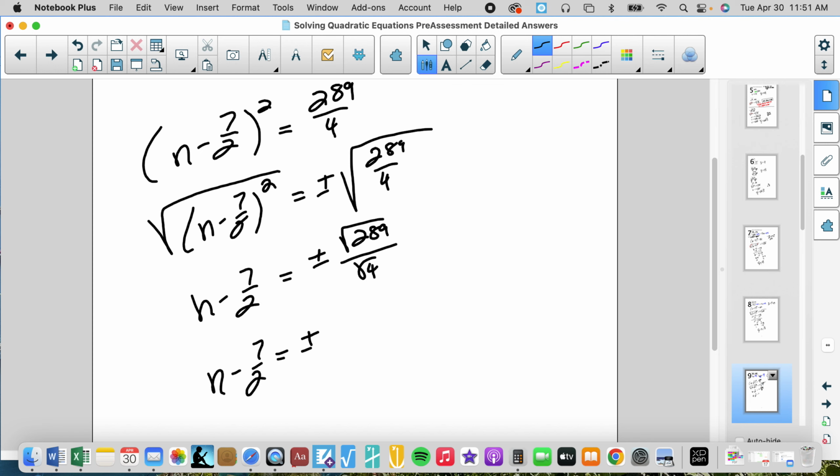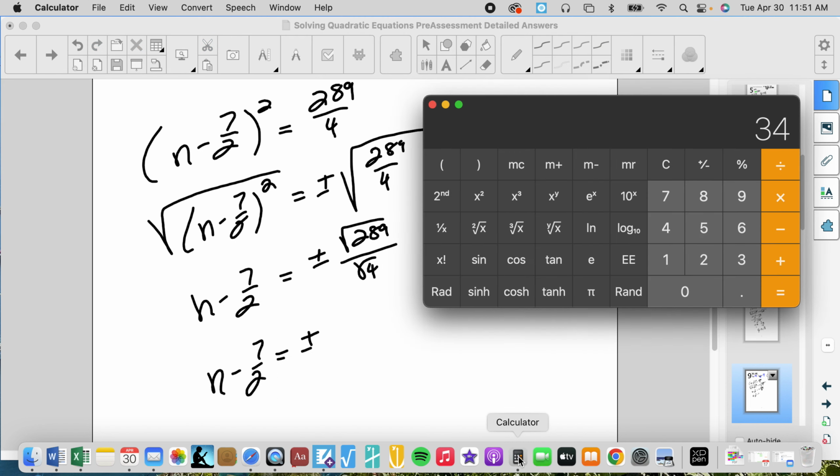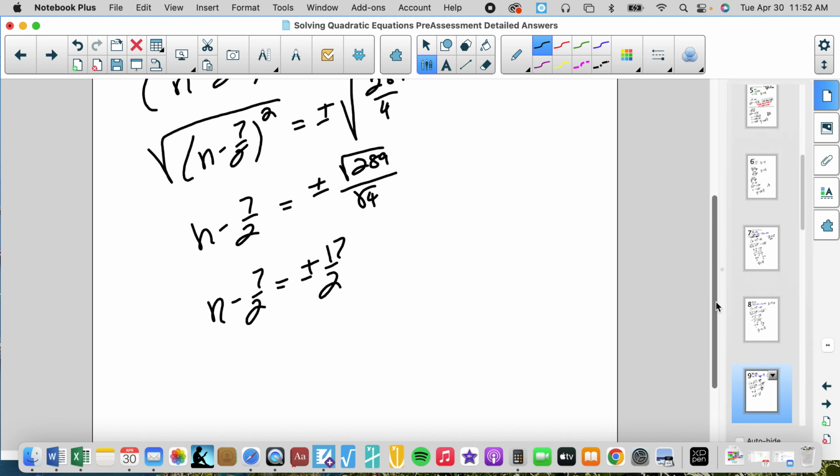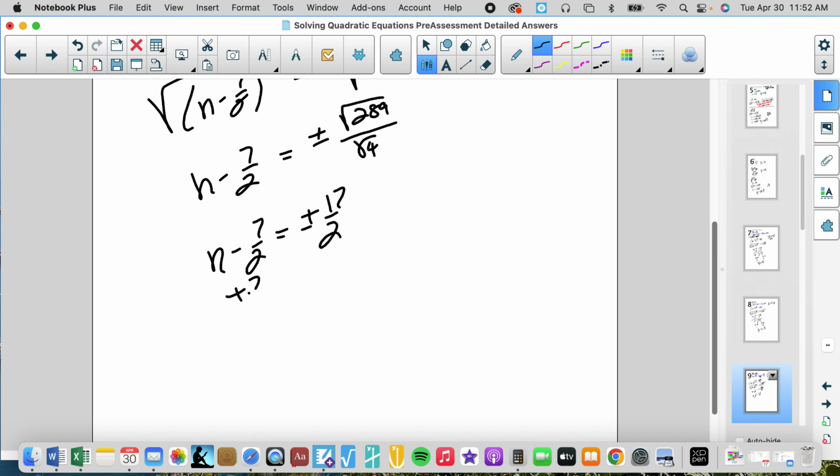What's that, 13? No. I'm going to say 17. 17 squared is 289. 17 over 2. And now we're going to isolate our variable by adding 7 halves to both sides. You get n equals 7 halves plus or minus 17 halves.